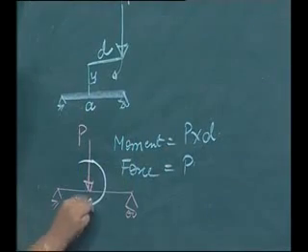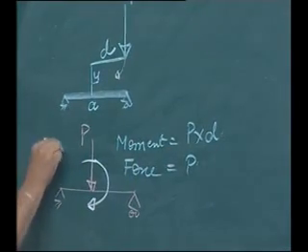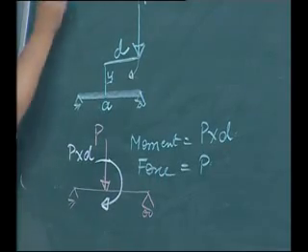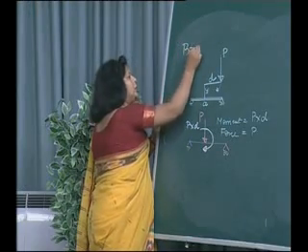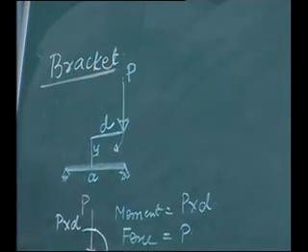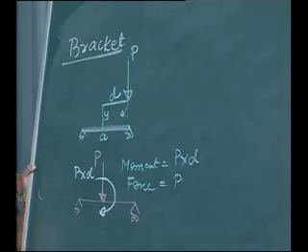So a clockwise couple of intensity P into D. So whenever we have got a bracket load, the force is converted into a couple as well as a vertical force.